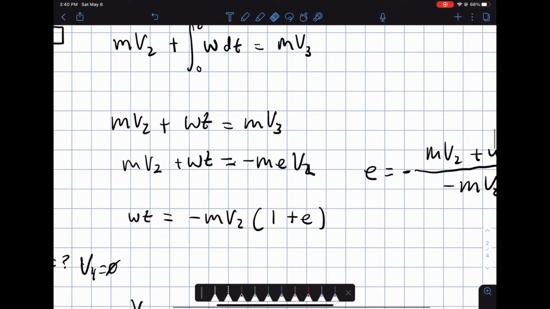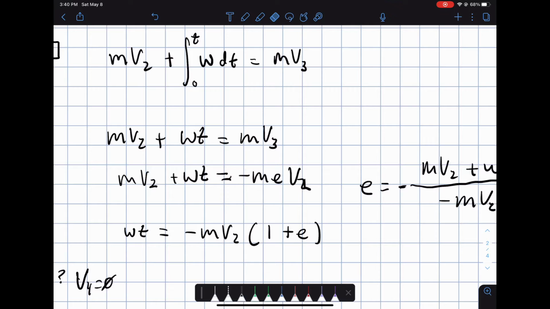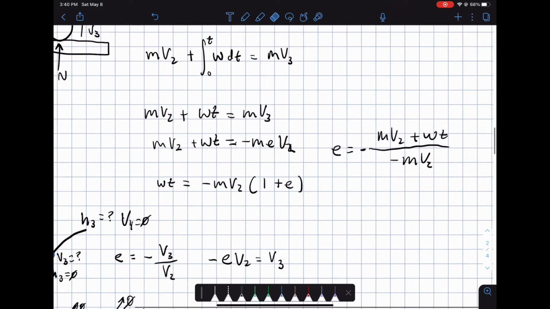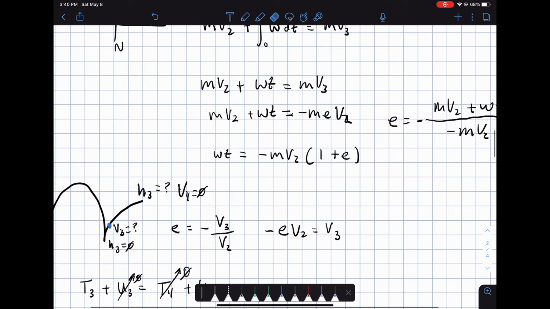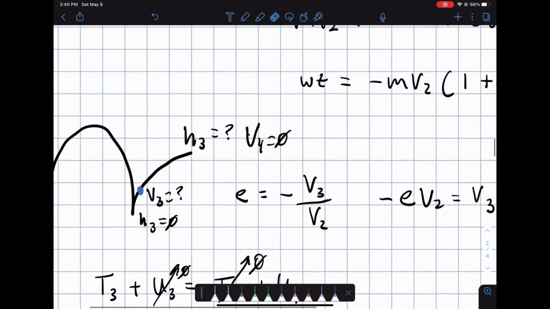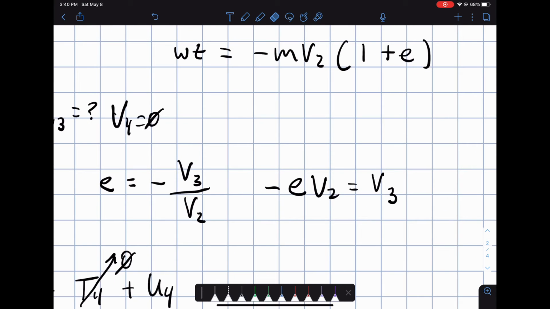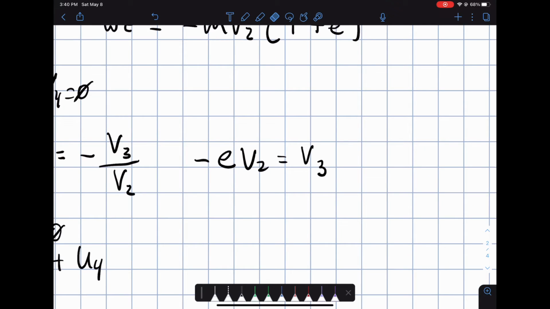Replacing v3 with the derived equation we know, we could solve for e, but we know that since the collision is almost instantaneous but never 0, the coefficient of restitution is going to be very close to 1 but not 1. And with that, we were able to find the velocity at 3, because we could resolve as described above, and we get negative e v2 equals v3.